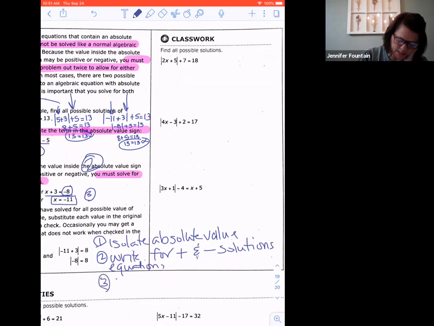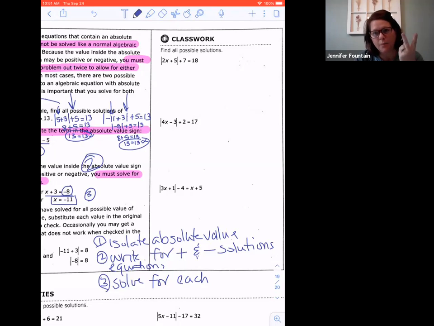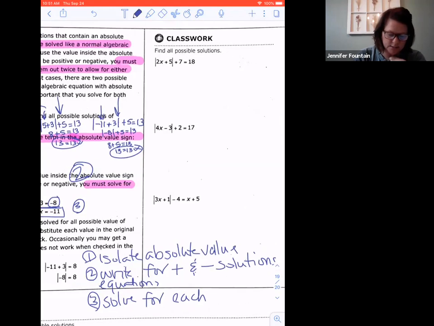And then step 3 is to solve for each. Okay? So I have to isolate my absolute value. I set up an equation, one with a positive solution, one with a negative solution, and then I solve for each. Okay, so let's practice with these.